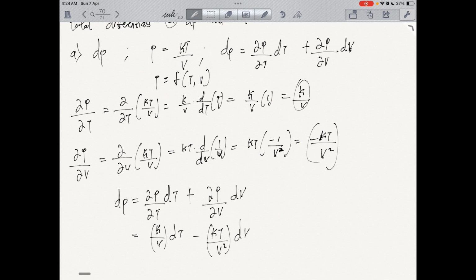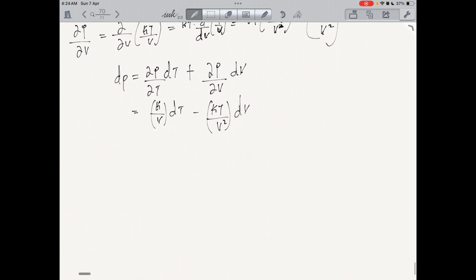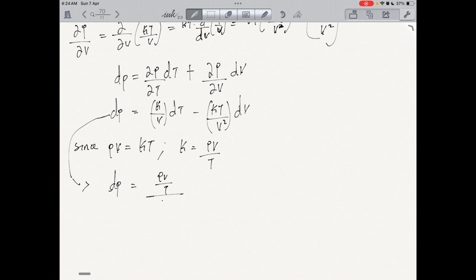Now, we are asked to leave our answer in terms of P, V and T. Since PV is equal to KT, we can substitute K to be equal to PV over T. So our dP will be written as PV over T divided by V multiplied by dT, minus PV over T multiplied by T divided by V squared, multiplied by dV.